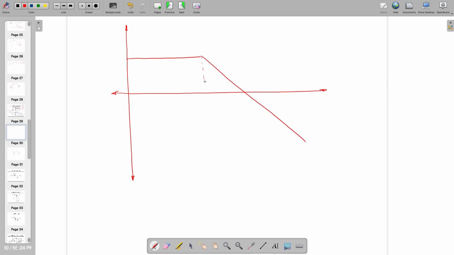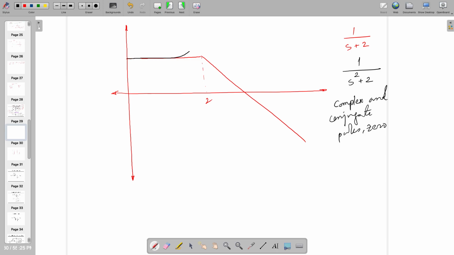This is going to happen if your pole is like 1 by s plus 2, no problem. But if your pole is something like this, then problem will start, because complex and conjugate poles or zeros are going to look like this.